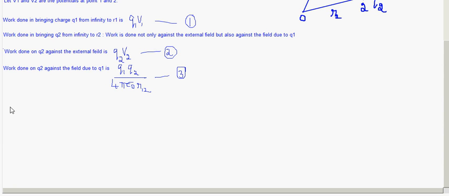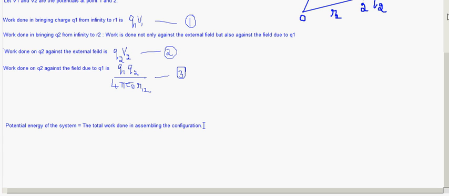We can write potential energy of the system is equal to the total work done in assembling the configuration. Configuration means here two charges in an external field.